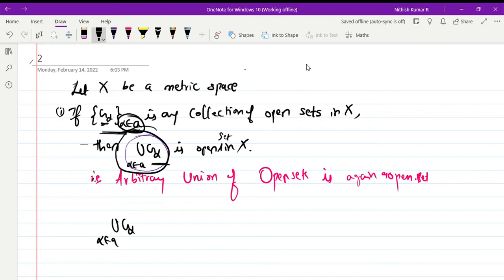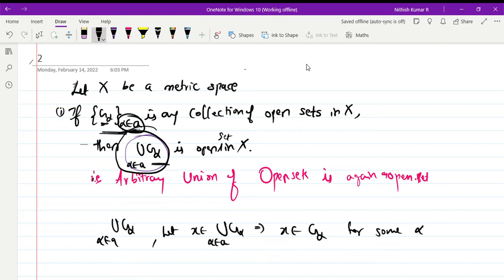So let's take one point. Let x belong to the union of G alpha, alpha belongs to A. Since x is in a union, this implies that x belongs to G alpha for some alpha, because an element taken from the union need not be in every set, it will be in at least one set.